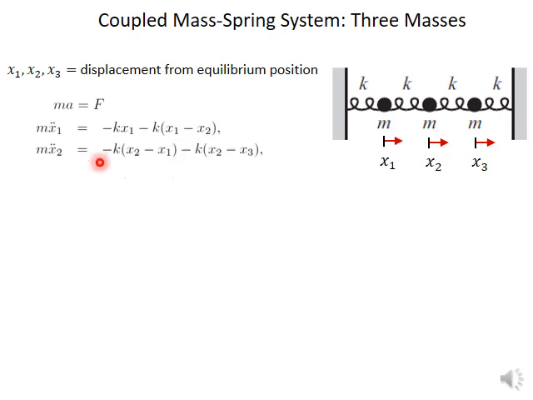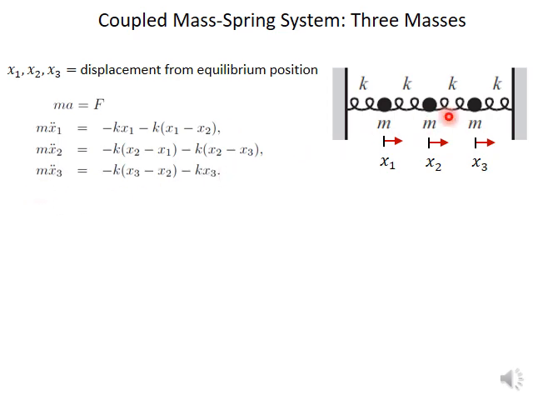Now you can also write the equation of motion, or Newton's law, for mass number 2. It's given by this spring and this spring. So this spring would only exert a force on this mass if these two displacements are different, and this is given by this term. And this spring would exert a force on this one if these two displacements are different, and it's given by this one.